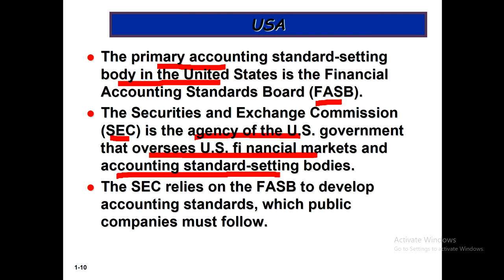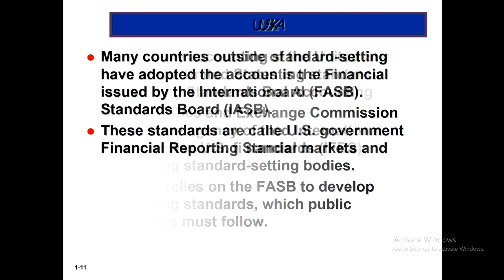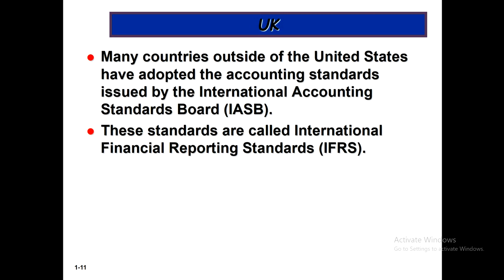The SEC relies on the FASB to develop accounting standards which public companies must follow. The UK and other countries have adopted the accounting standards we call IFRS, that means International Financial Reporting Standards.